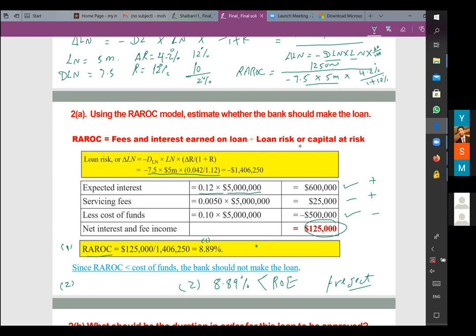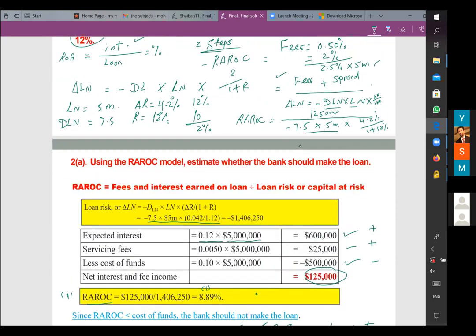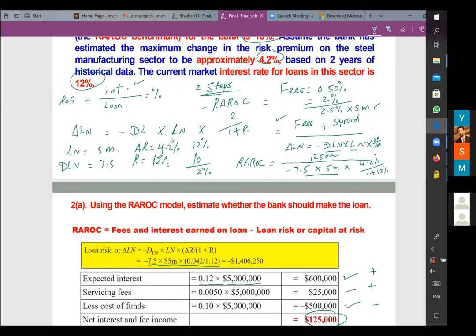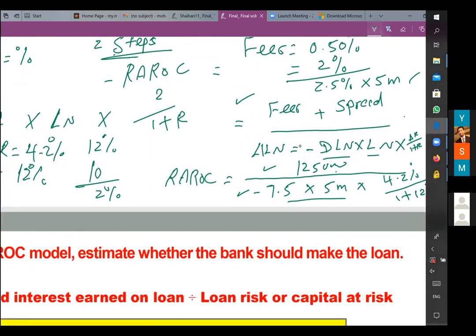And what I have added here is I say, okay, actually I can't change the RORAC. If the RORAC is this divided by this, then actually I can play with this area, or I can play with this area.